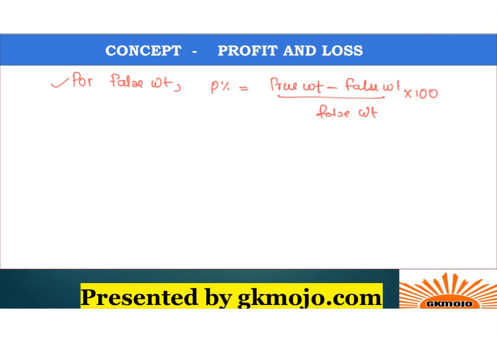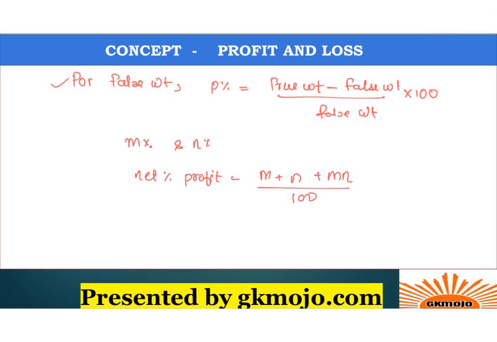One more point that I want to add over here. Whenever there are two successive profits, say m% and n%, then the net percentage profit is equal to m plus n plus mn upon 100.